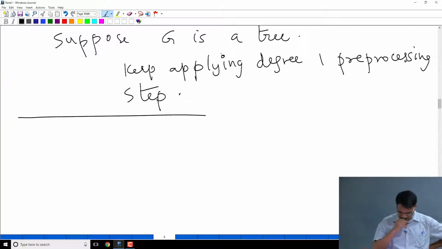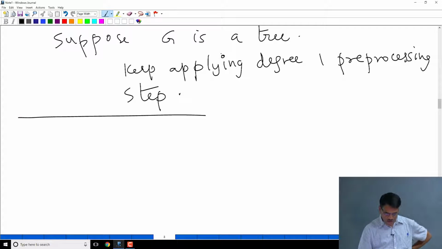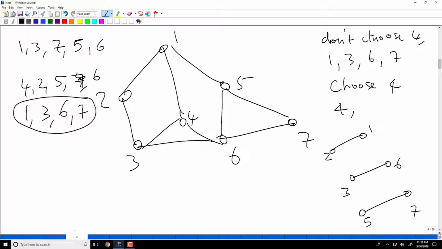So, here is another observation. In fact, you observed it when we were doing this example. If you do not choose 4, you have to pick 1, 3, 6. This was a very nice observation. If you do not pick a vertex, then you have to pick all its neighbors in any solution, because if I do not pick 4, then who is going to cover this edge 1, 4? Must be 1.